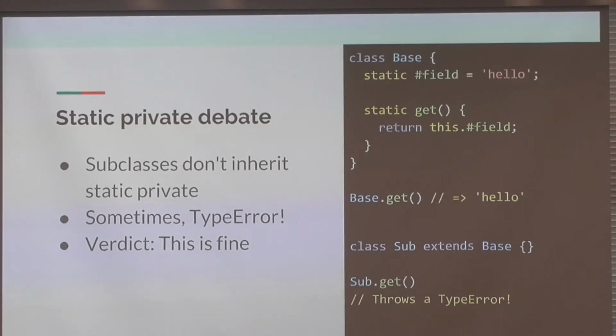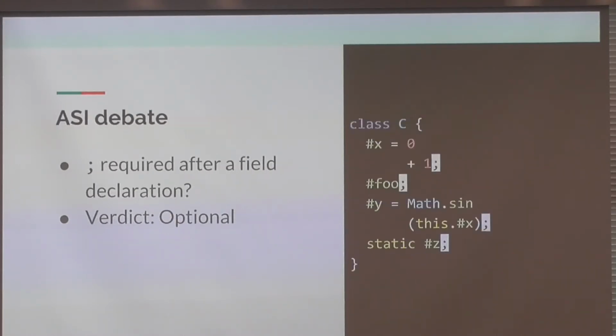But Sub doesn't have the field, because thinking about it as a weak map, the weak map will have Base as a key, but it will not have a key for Sub. So it throws a type error. There was some discussion about whether this was too bad behavior. And after more than 6 months of discussion, we decided actually this is fine.